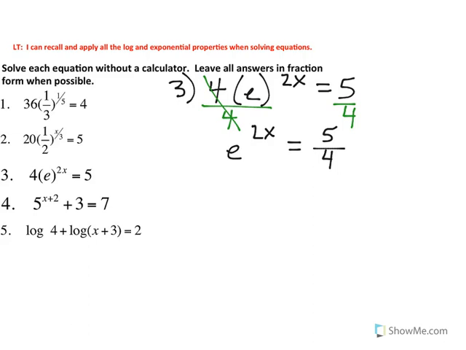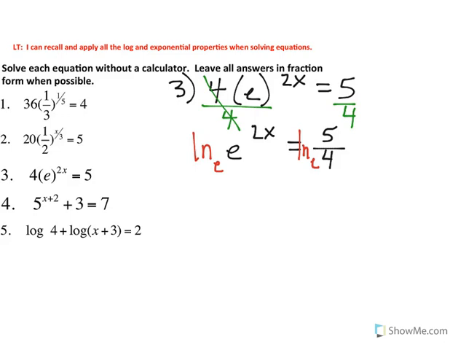Now, what type of log has a base of e? A natural log has an understood base of e. So I want to take the natural log base e of both sides. That is our second method.